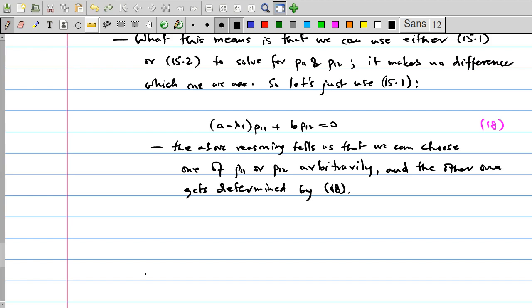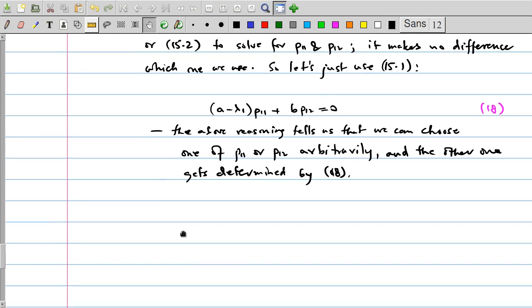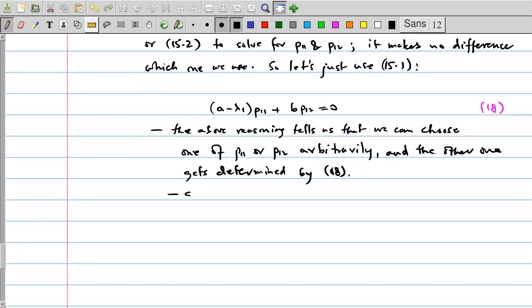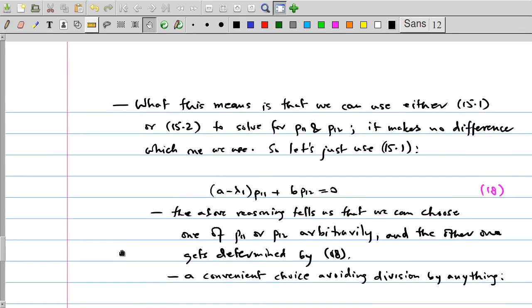Okay, so fine. So a convenient choice, avoiding division by anything. Have I got this right? Yeah. Okay.